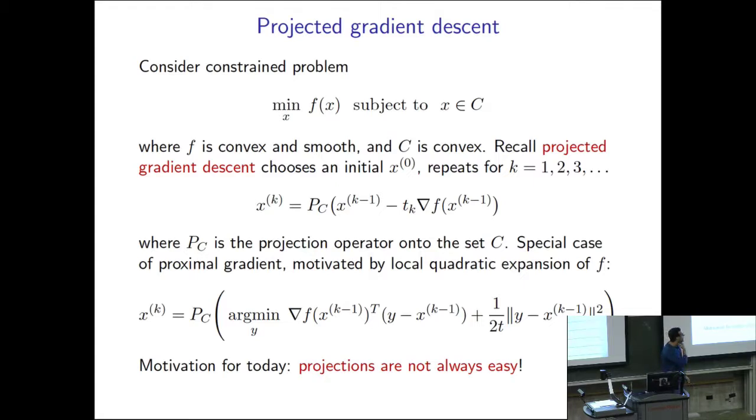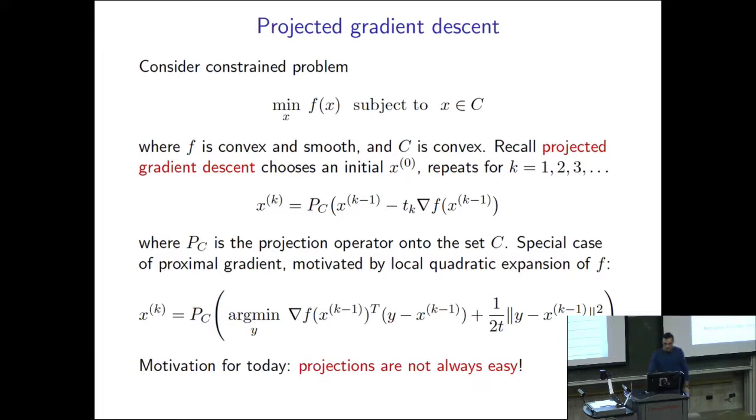Then I can think about expanding f around the point x^(k-1), and I would get f of x^(k-1) plus this stuff, but I'm going to throw out that first term because it doesn't depend on y. And this is the linear term, the approximation. It's just the gradient transpose times y minus x, and this is the quadratic term, 1 over 2t, the norm of y minus x squared.